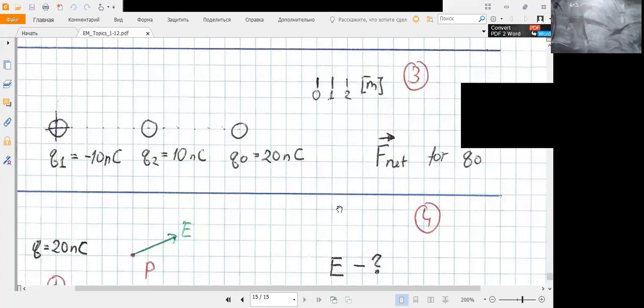It means that here the initial point is 0, 1, 2, 3, 4, 5, 6, 7, 8, 9, 10, and 12. 12 and 6, here 0. So, this is the first charge, which is negative.